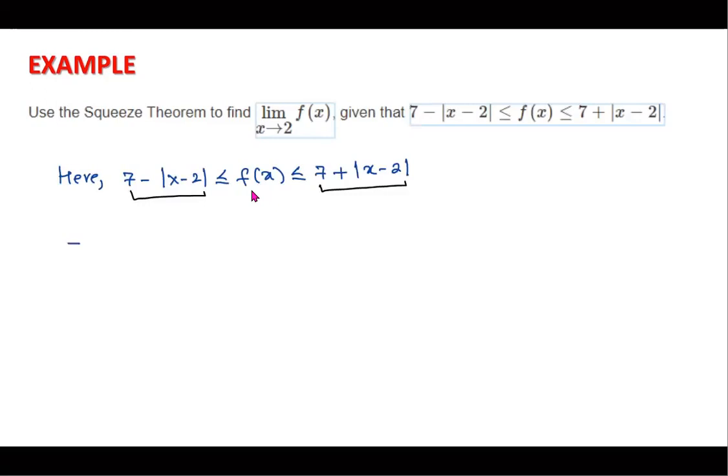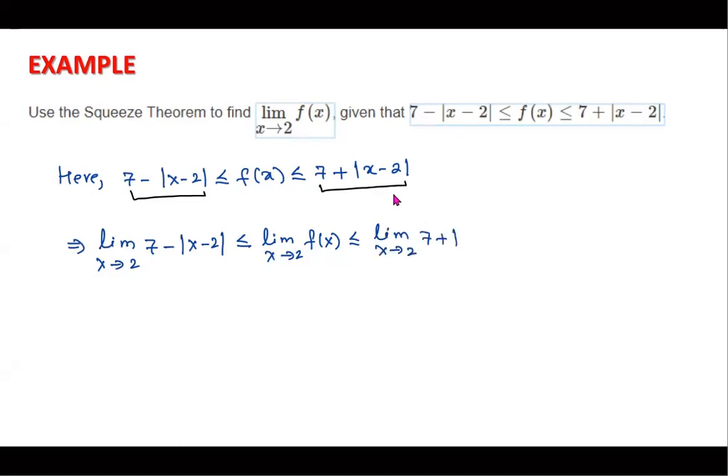So this implies the limit as x approaches 2 of 7 minus the absolute value of x minus 2, less than or equal to the limit as x approaches 2 of f of x, less than or equal to the limit as x approaches 2 of 7 plus the absolute value of x minus 2.